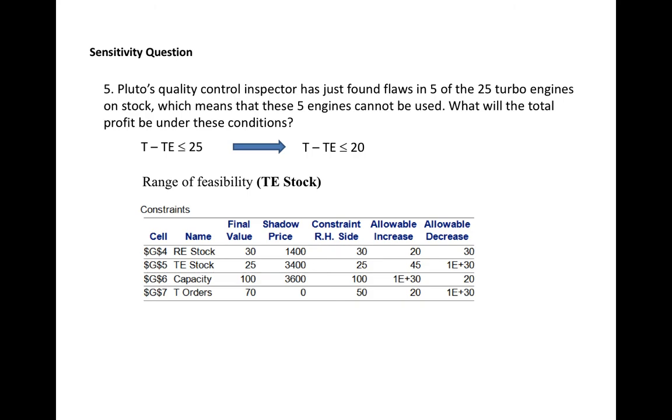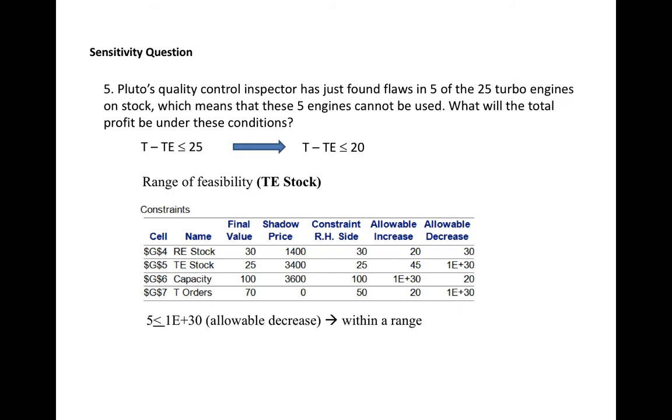So we have to think about what happens to my optimal solution and optimal value if my right-hand side is decreased by 5. Let's take a look at the information about the TE stock constraint. The allowable decrease is infinity, and 5 is, of course, less than or equal to infinity.